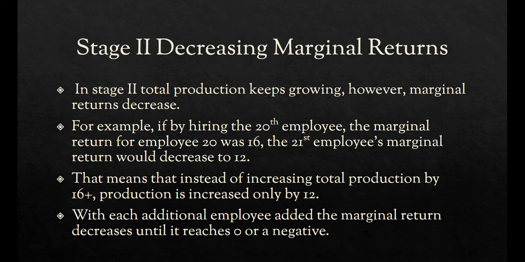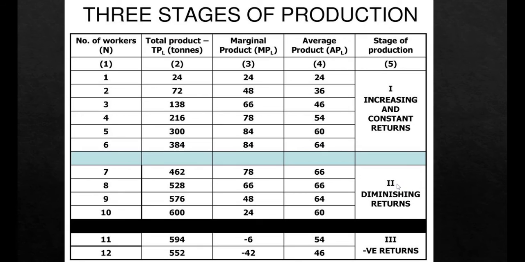So by hiring a 20th employee, the marginal return for employee 20 was 16, but with the 21st employee being hired, the marginal return decreases to 12. So that means that instead of increasing total production by over 16, it's only being increased by 12. So with each additional employee added, the marginal return decreases until it reaches 0 or a negative.